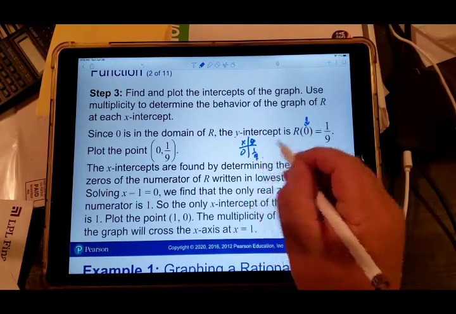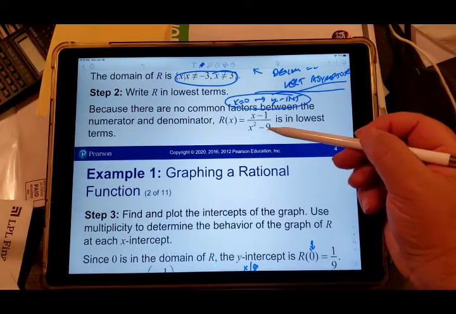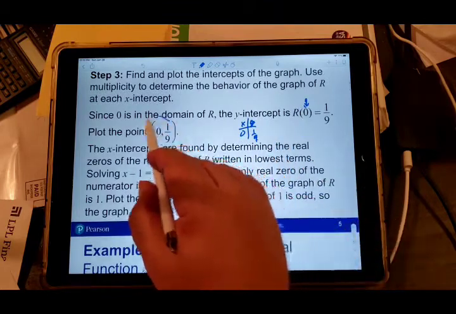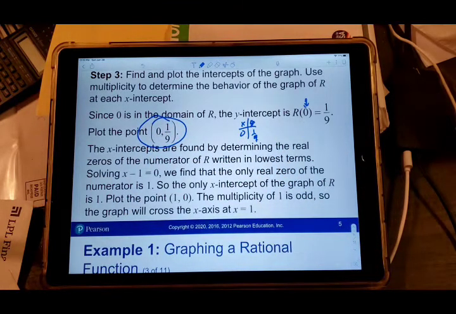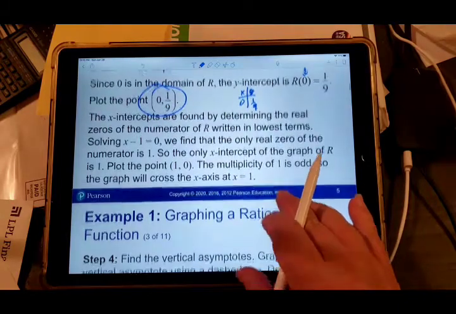And we lost track of the question here, but when x is 0, I have -1 over -9, or just 1 over 9. So this is not just a point of the graph, but the y-intercept. Already found most of this.